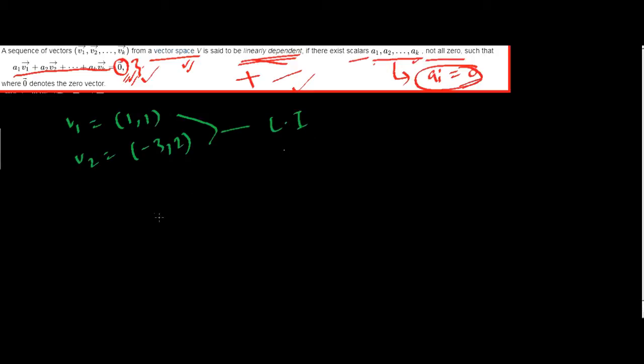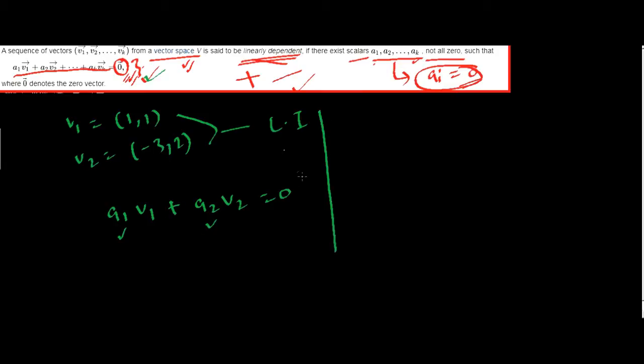So we'll use this expression and write a1 into v1 plus a2 into v2 equals 0. Our motivation is to find these constants or scalars.